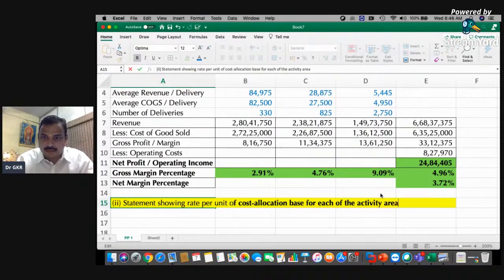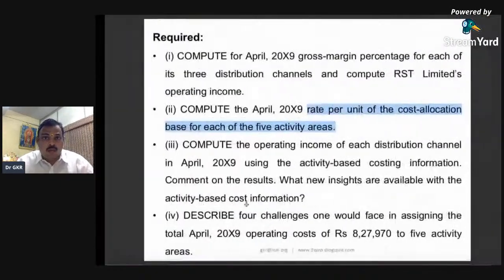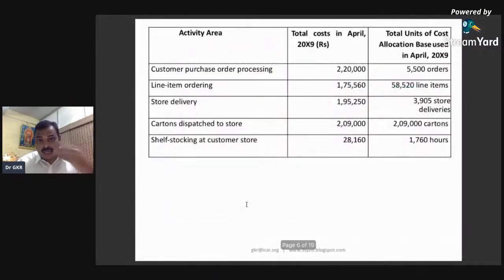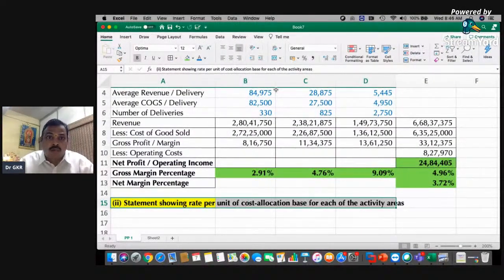Now we will go by the same model. What is it? Activity area, cost, total cost. What is the total cost of activity, and what is the cost per unit? So we'll go in the same model.